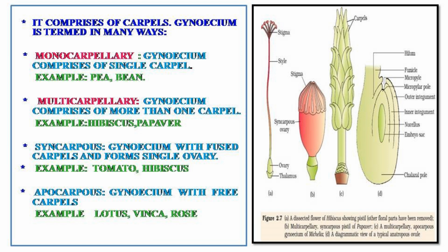So when a gynoecium is composed of a single carpel, it is said to be monocarpellary gynoecium or monocarpellary pistil. Example, pea plant. When it is composed of more than one carpel, it is called multicarpellary pistil or polycarpellary pistil. Example, you can see from the diagram also, hibiscus, pepper, etc.